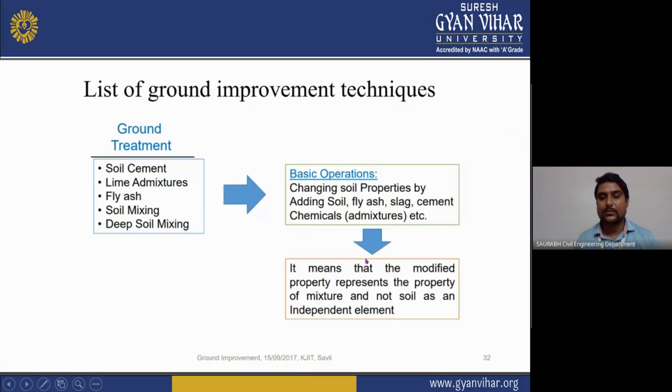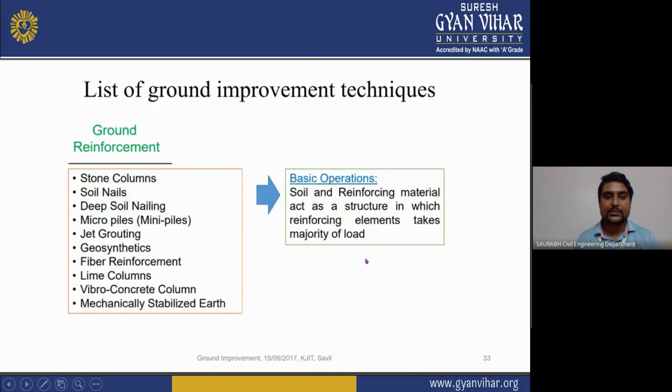These are some basic soil improvement techniques. There are also methods such as stone columns, soil nails, deep soil nailing, micropiles, jet grouting, geosynthetic fiber reinforcement, lime column, vibro concrete column, and mechanically stabilized earth. These are some techniques by which we can improve the soil.